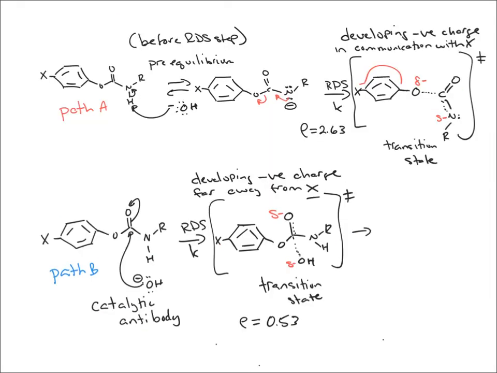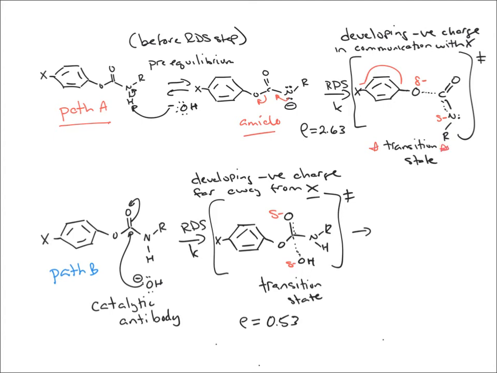Okay, so let's look at the mechanisms for the two different reaction pathways of the carbonate esters in a little bit more detail. So in path A, under hydroxide conditions, the hydroxide acts as a base in the first step to remove the proton on the nitrogen to give us an amide, which then undergoes a collapse to generate the transition state structure as drawn here.